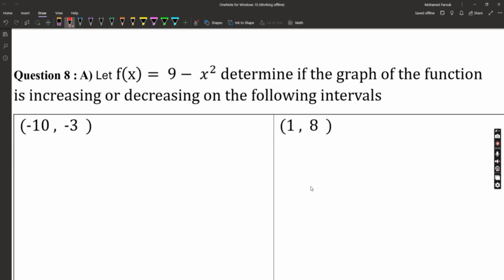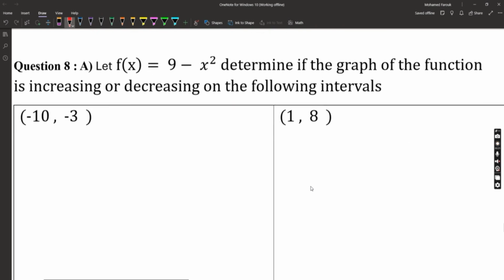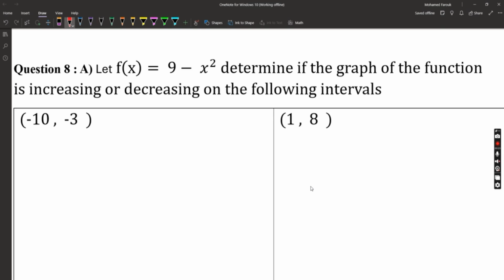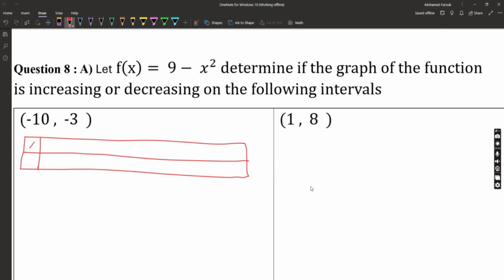Okay, this one: determine if the graph of the function is increasing or decreasing in the following interval. It's so easy. You will get a table. It starts from -10 and ends at -3. So x and f of x: -10, -9, -8, -7, -6, -5, -4, -3. Okay, use your calculator.